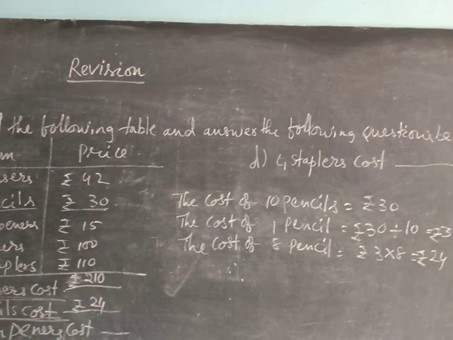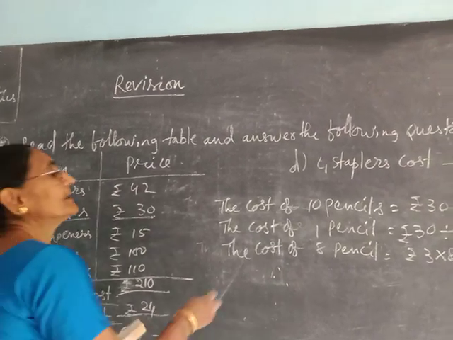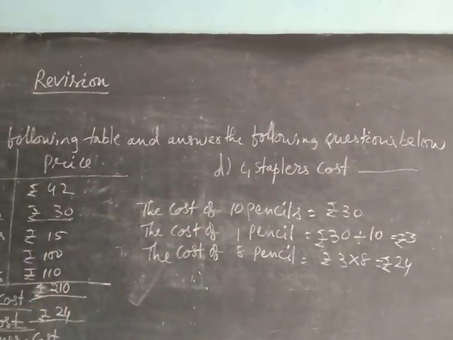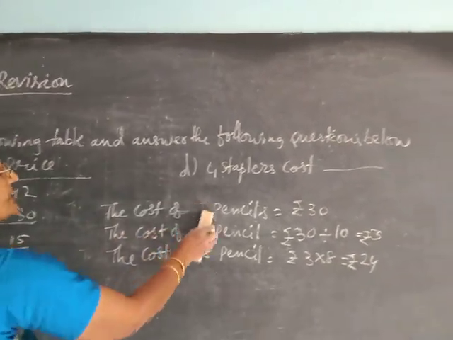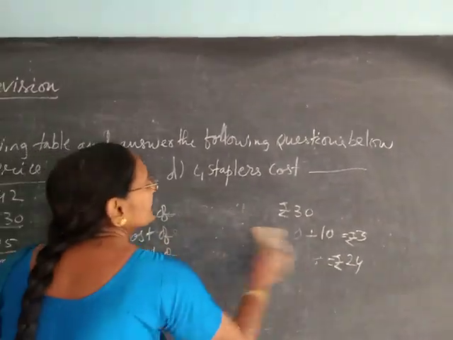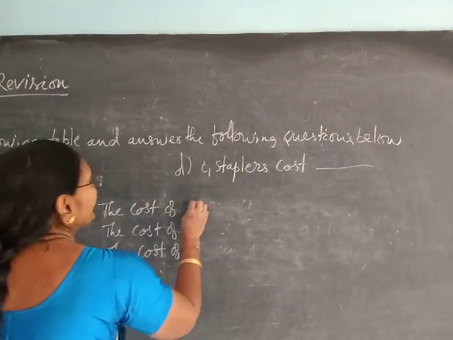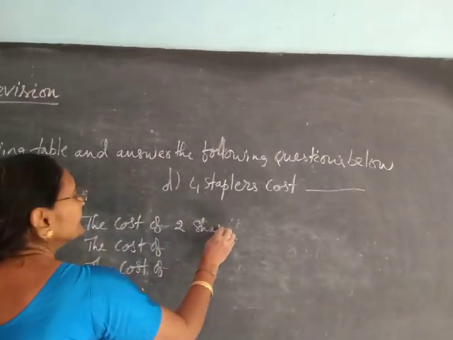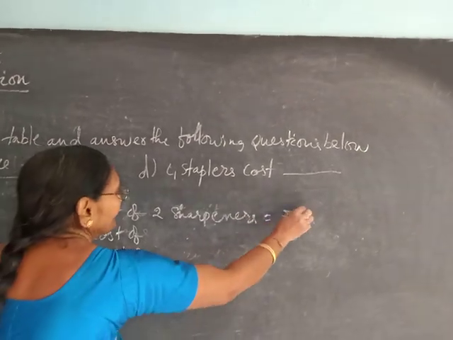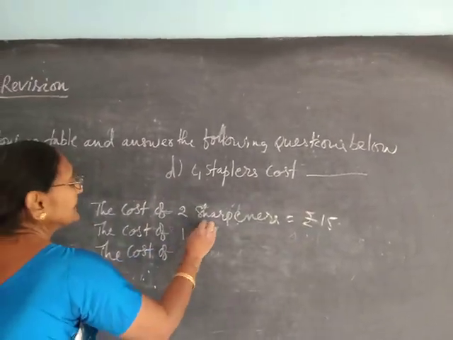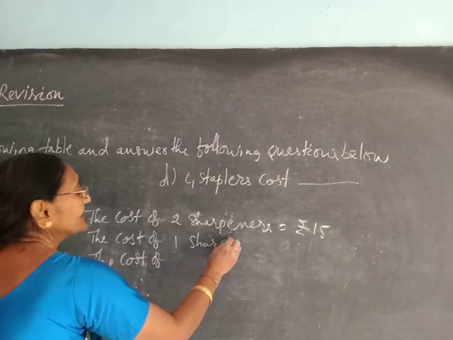Like that way, 5 sharpeners. The cost of how many sharpeners here? 2 sharpeners cost equal to 15 rupees. The cost of 2 sharpeners, how much is there? 15 rupees. Then 1 sharpener, first you have to find.